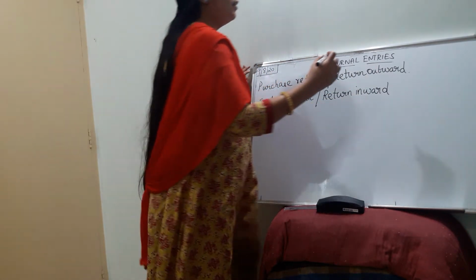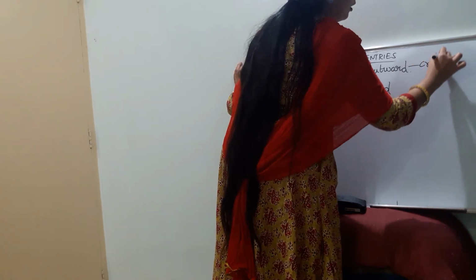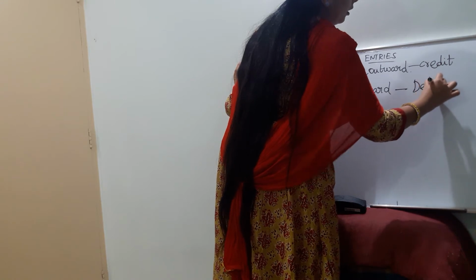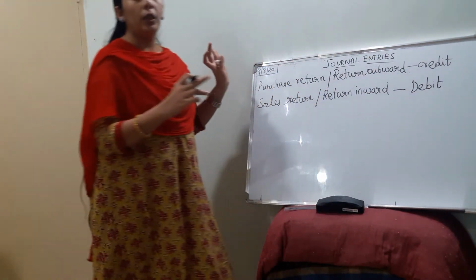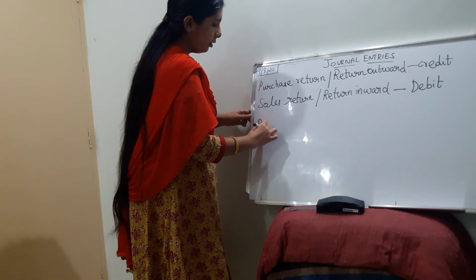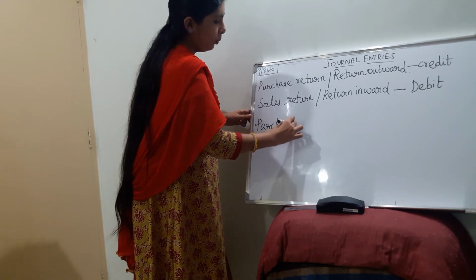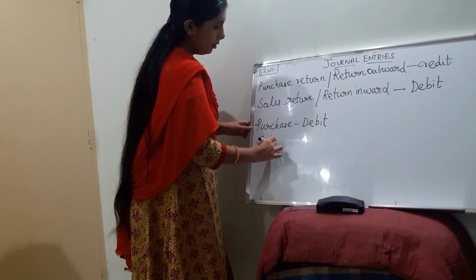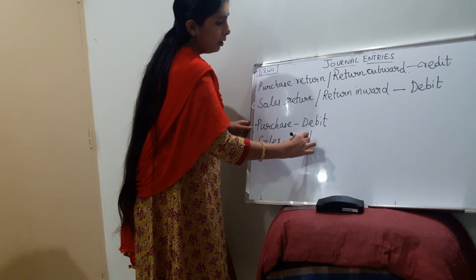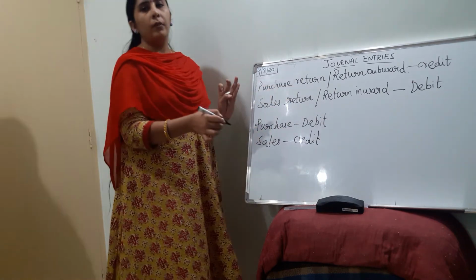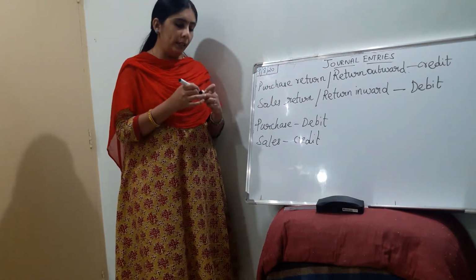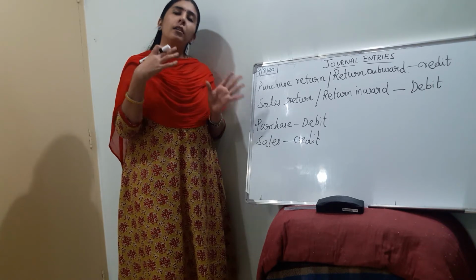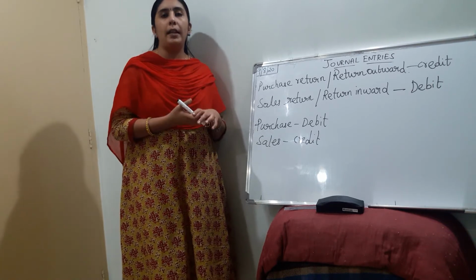Purchase return will always be a credit account and sales return will always be a debit account, the opposite. Because purchase is always a debit account and sales is always a credit account, just the opposite of this. Regarding this we are going to see certain concepts. The entries for this I will post in the next video.